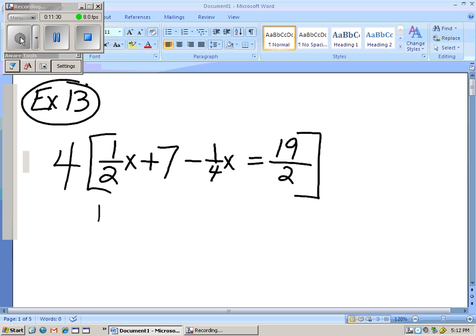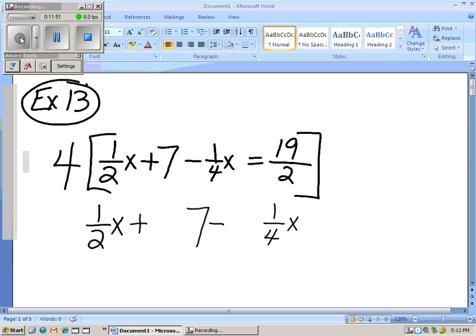All right, so what I usually tell everybody is to rewrite the equation, but leave a little space in front of every term. So I'm leaving a space in front of the 1/2 x. I'm going to go ahead and put my plus sign there. I'm going to leave a space in front of the 7 because we're fixing to multiply it by 4. And I'm going to put my minus, and then I'm going to leave a space in front of the 1/4 x.